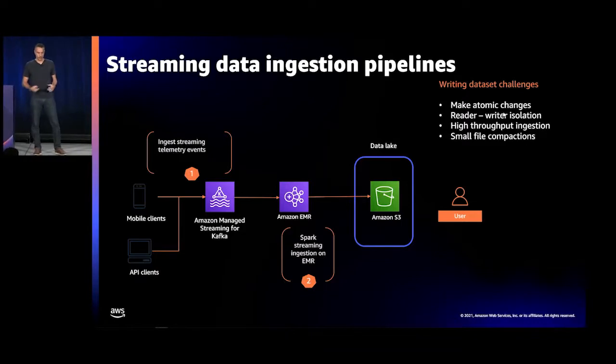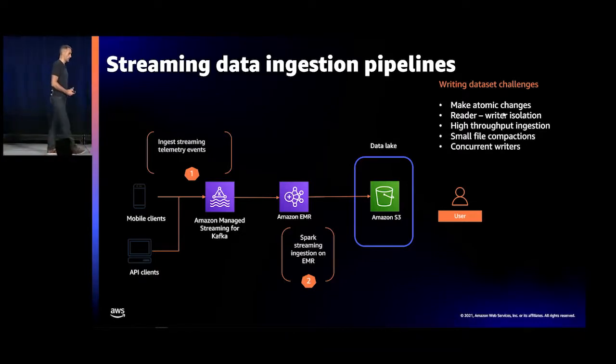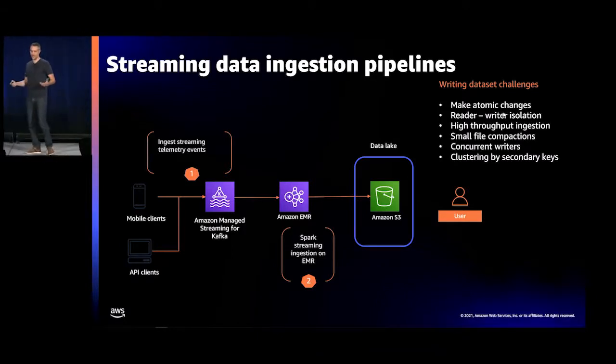So you need to compact them. And if you have multiple jobs, you also need to handle concurrent writers. Maybe you also need to optimize your data set for consuming, and a common optimization is clustering, for example, so you need to provide more optimization for more types of queries.